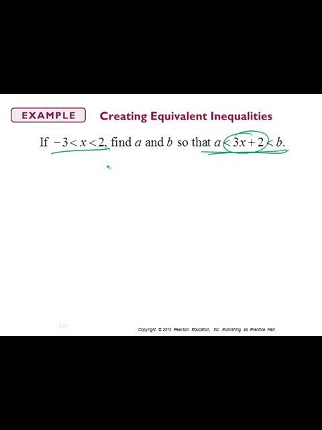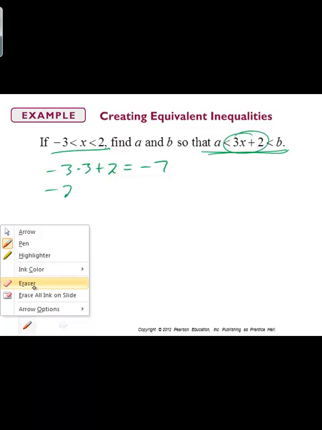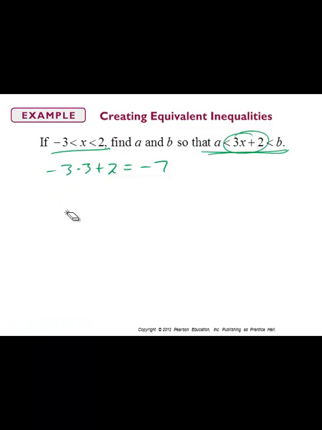Well, it looks like for x, we multiply by 3 and add 2. So for -3, we can multiply by 3 and add 2. And that gives us -9 plus 2 is -7. And also this 2 right here, you could take 2 and multiply by 3.